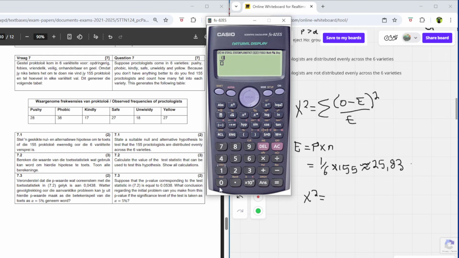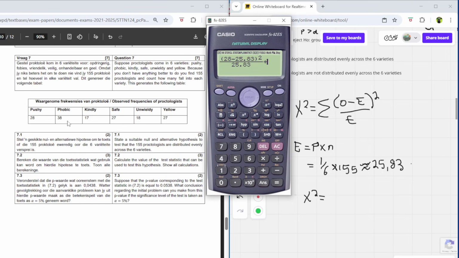Your observed is going to be 28, minus expected 25.83, squared, over 25.83. You must write this down to show how you substituted.